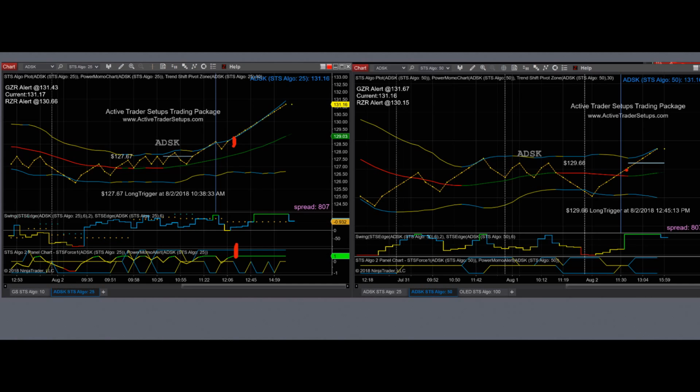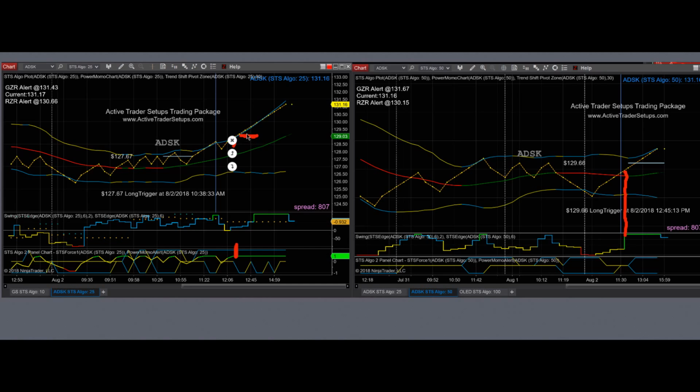Before it moved 50 more cents right here, you got the edge to come in right in this area. Right about here is where this really got super strong, even on your 50, to step into the stock. Plus you broke above our overlay here, and you end up with a $2 move.